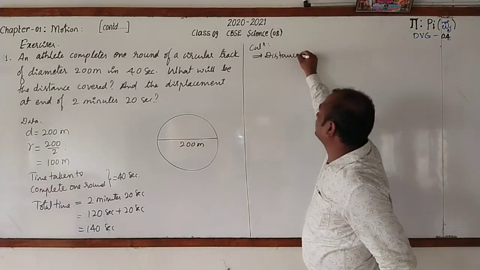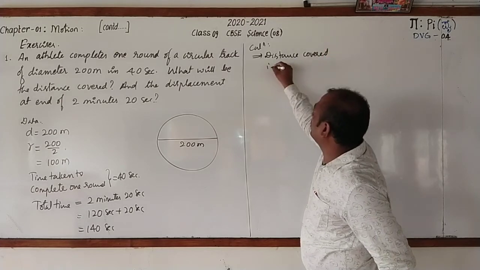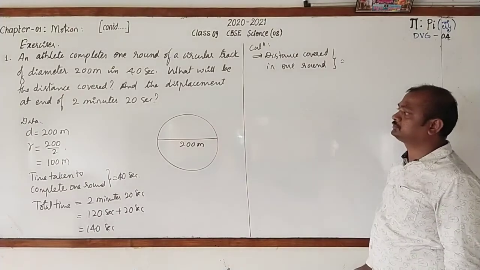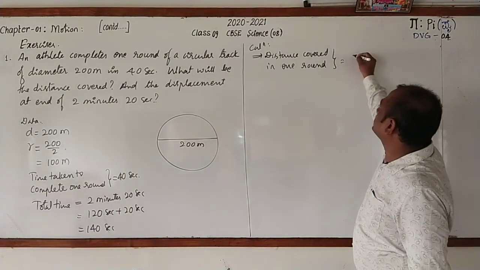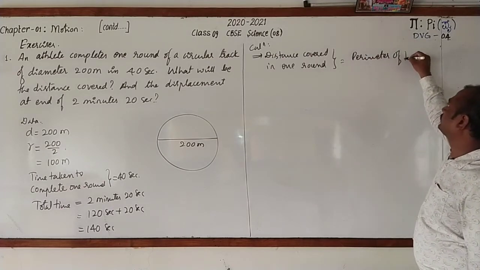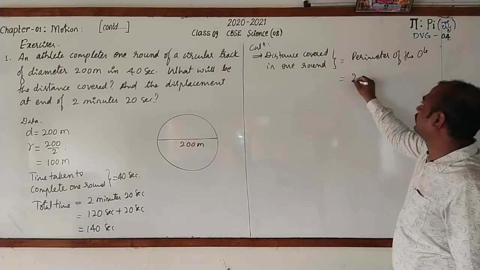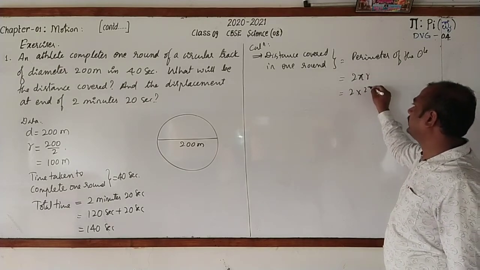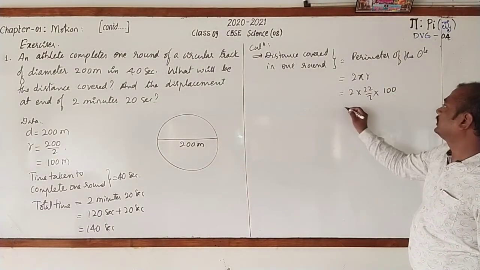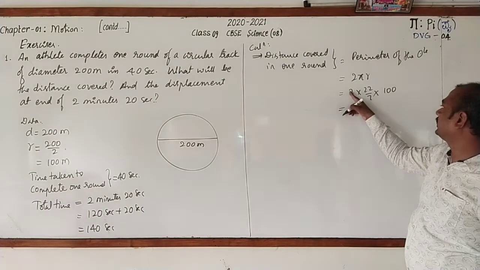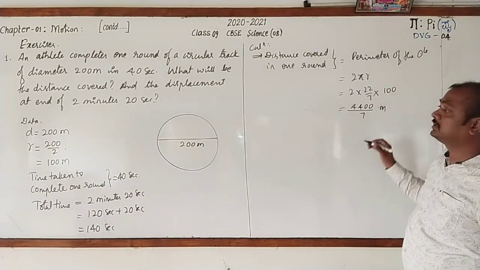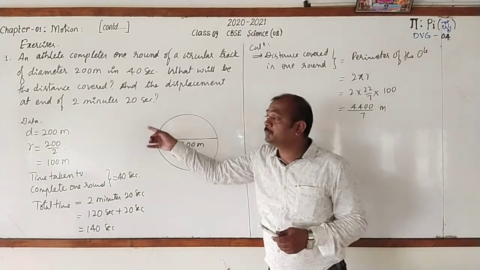Distance covered in one round is equal to the perimeter of the circle. Perimeter of the circle is 2 pi r, 2 into 22 by 7, where the radius is 100 meter. It is equal to 22 twos are 44, 100 by 7, so 4400 by 7. So this much distance is covered if he has completed one round.